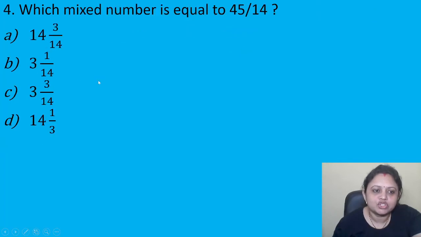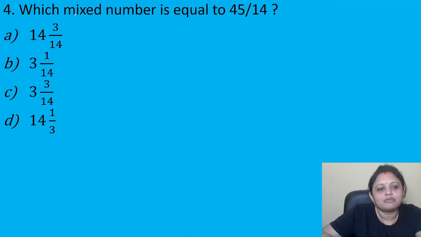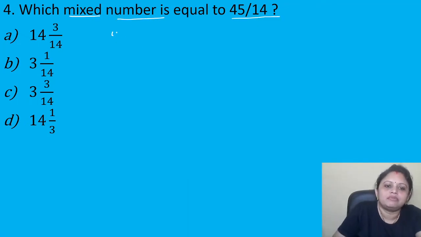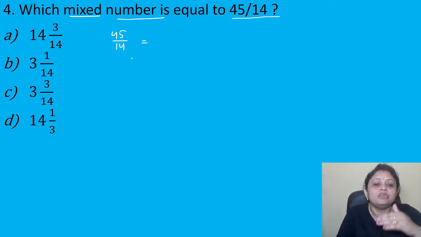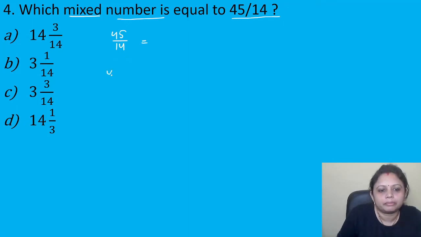Coming to the next question, which mixed number is equal to 45 by 14? Option A, 14 whole 3 by 14, B, 3 whole 1 by 14, C, 3 whole 3 by 14, D, 14 whole 1 by 3. So we have to find which is the mixed number that is equal to 45 by 14. How to do that? We have to divide 45 by 14.